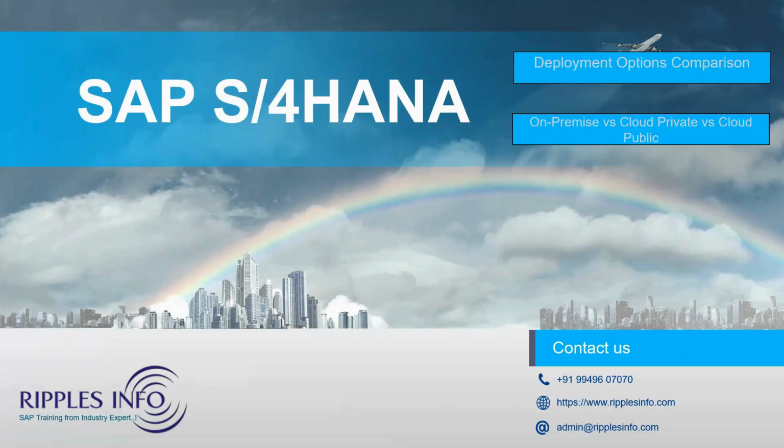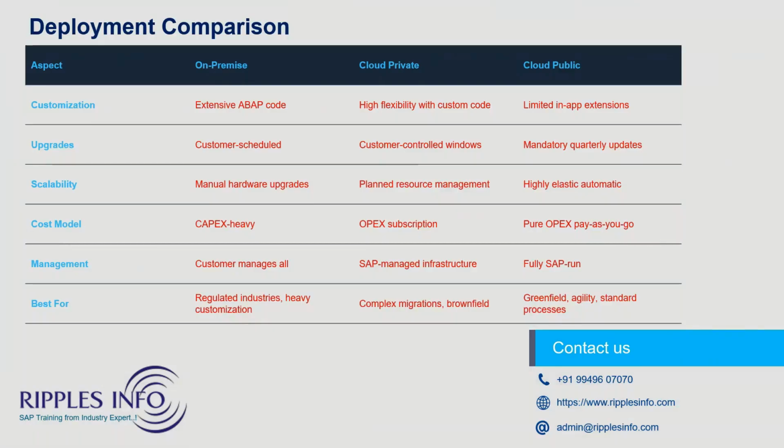So today you have multiple options in the cloud also. We can go with either private cloud or public cloud options. Let us do a comparison and try to understand in which situations which deployment option is suitable for the customers.